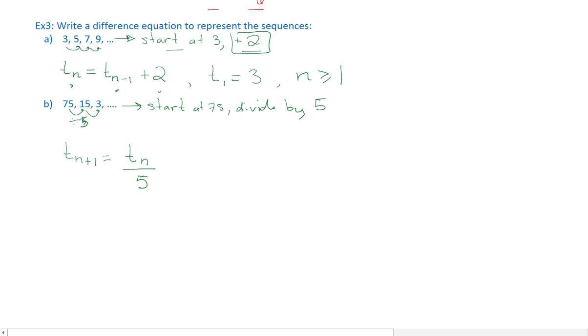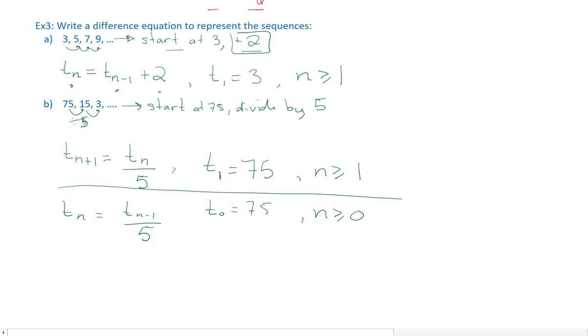Again, millions of sequences are defined by that rule, but only one starts with T1 is equal to 75. You can also start at 0, that's fine as well. This one will have n greater than or equal to 1. This one will have n greater than or equal to 0. So again, we can always write these things in 2 formats, depending on which you like better.